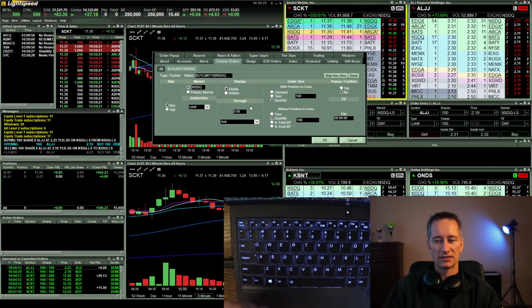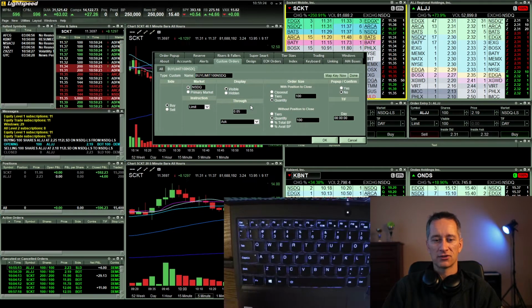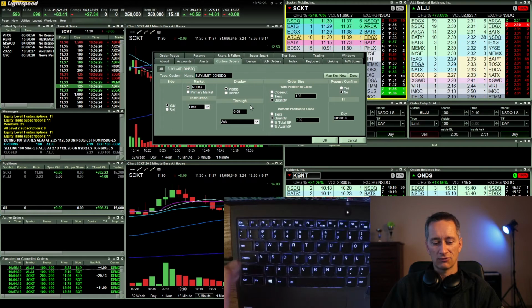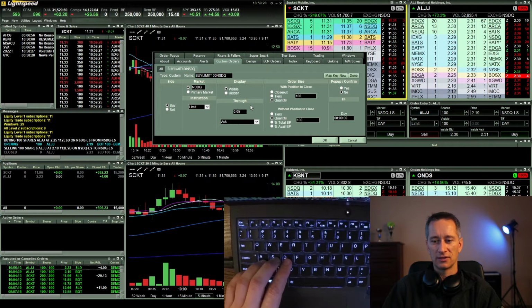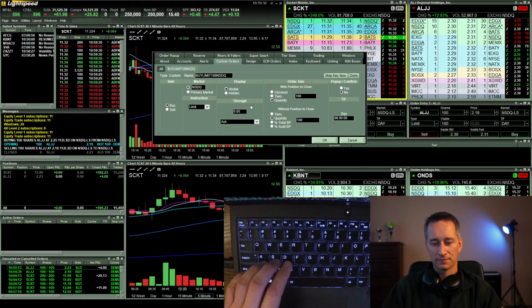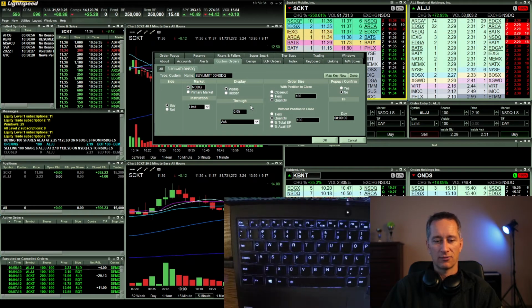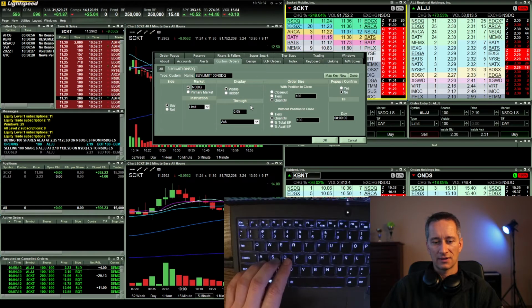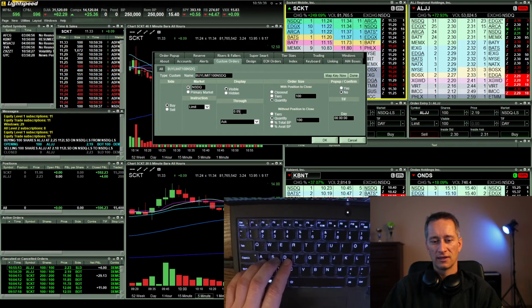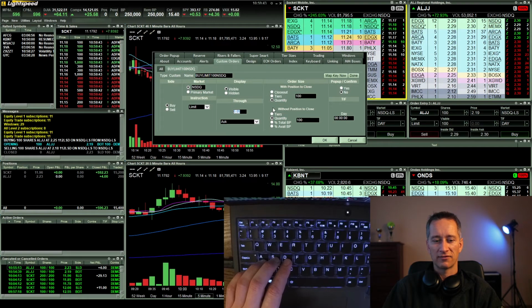It also depends on how the particular stock is moving, because as we've seen with GME, it was moving so much and the spread was so big that trading with a setting of 5 cents, I don't think I would ever get filled.